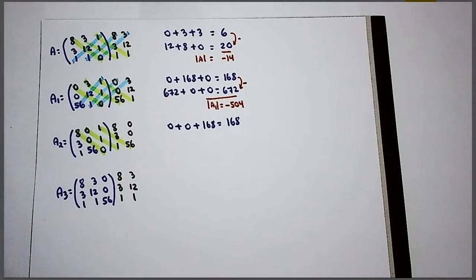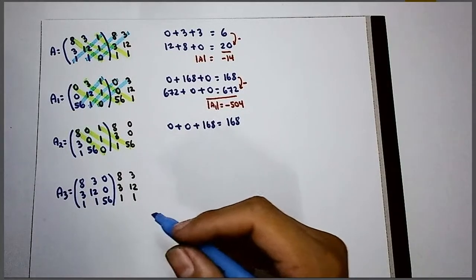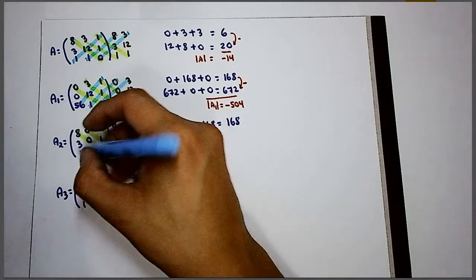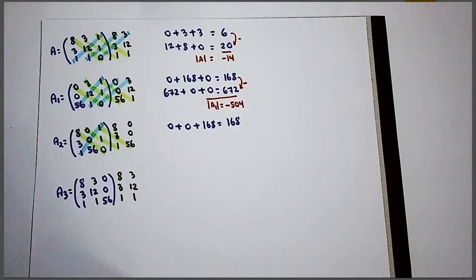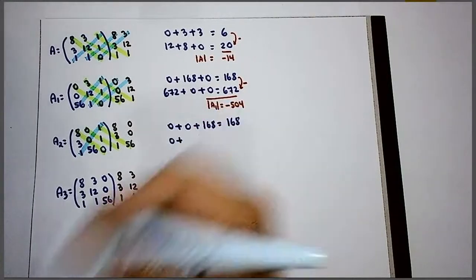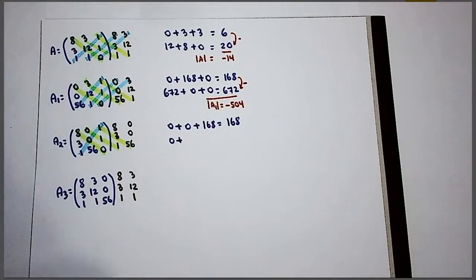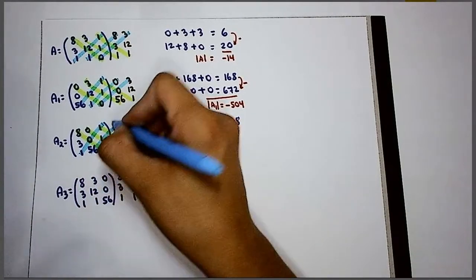Now let's multiply the anti-diagonals. So here we have 1 times 0 times 1 is 0, plus here we have 56 times 1 times 8.